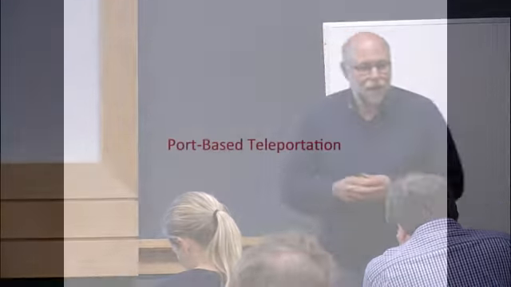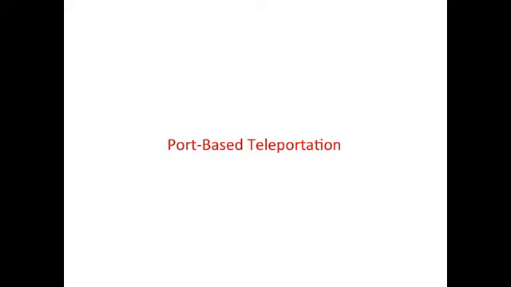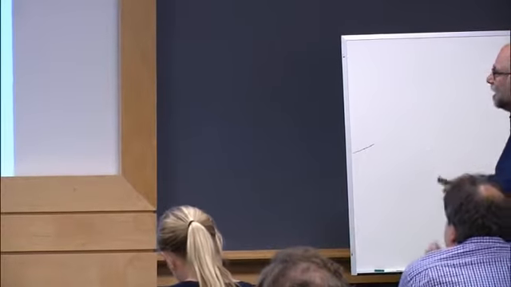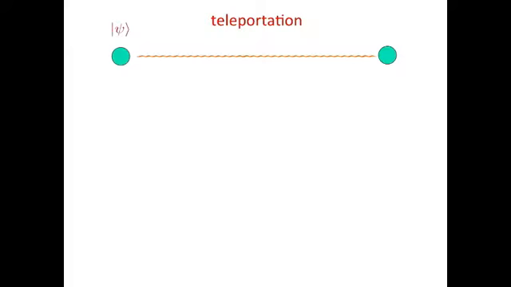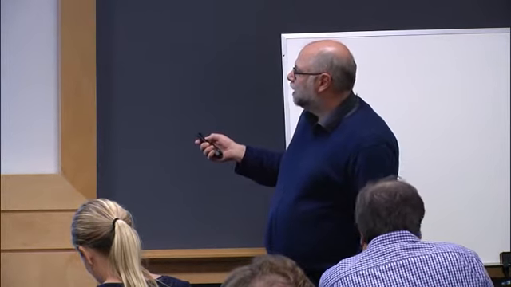But first of all, let me tell you what is port-based teleportation. Do you all know what port-based teleportation is? Or someone doesn't know? Very good. I hope so. Because everyone knows what teleportation is. In teleportation, the goal is to send an unknown state psi to the other side.